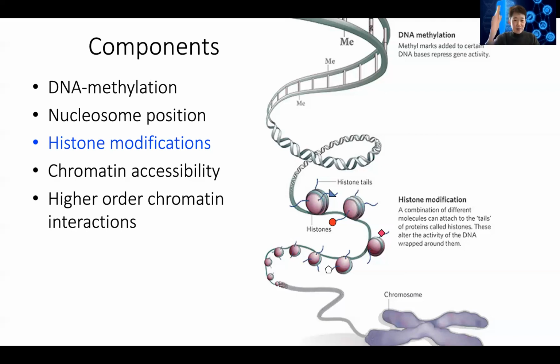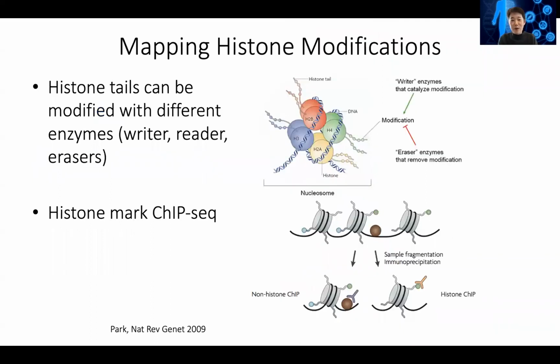Very interestingly, this histone modification is a very powerful beacon in the genome that tells transcription factors where to go. As we mentioned, in the nucleosome there are 2 rounds of DNA and 8 histones: 2 histones called H2A, 2 H2B, 2 histones H3, and 2 histones H4.